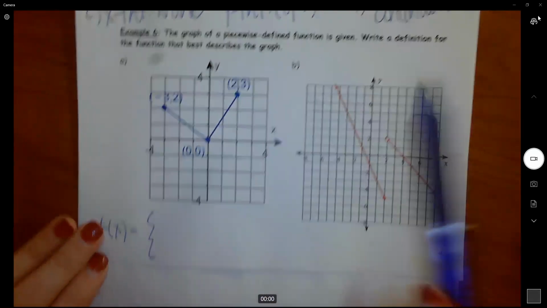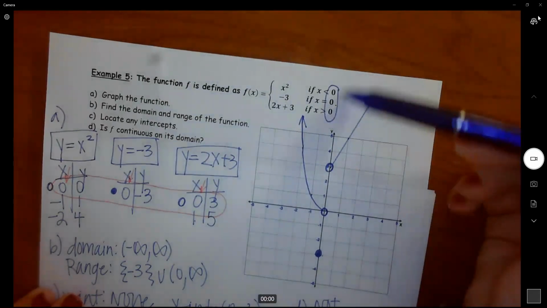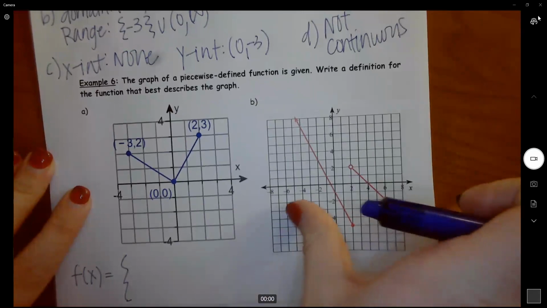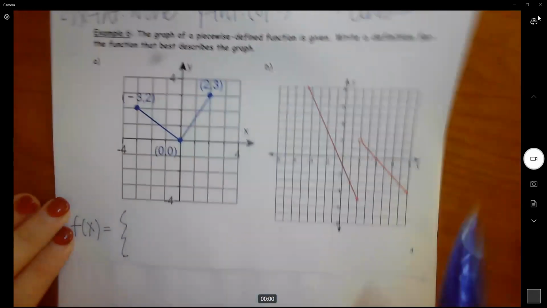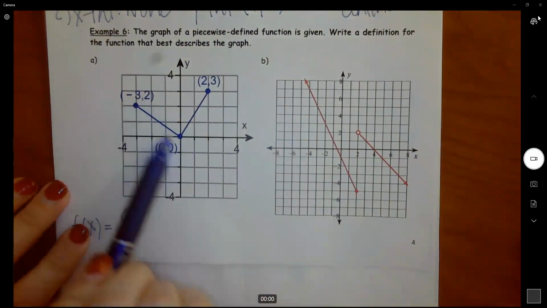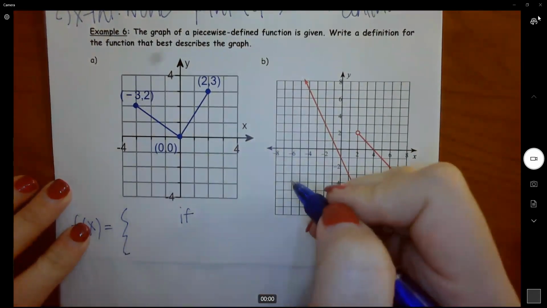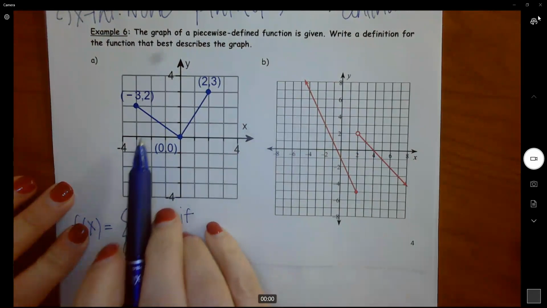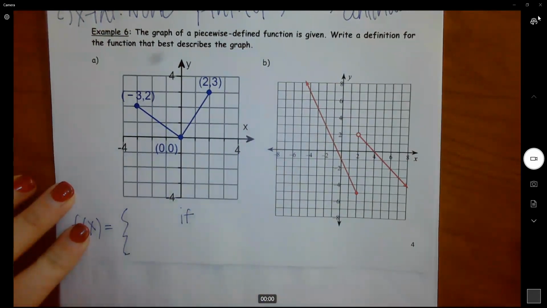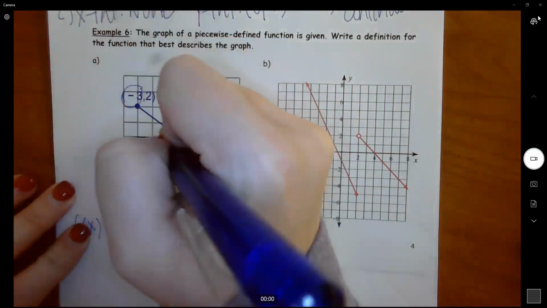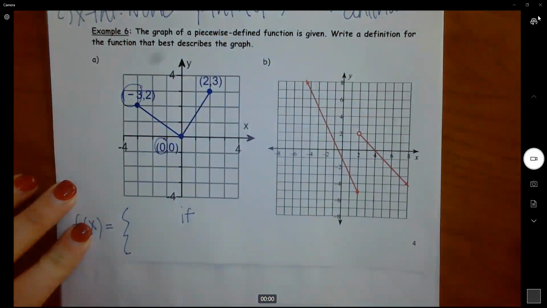And it's almost easiest to do this portion here, so I'm going to start with that. I can tell on this one that this is if my function goes from, and you want to look at those x coordinates here, if it goes from -3 to 0.